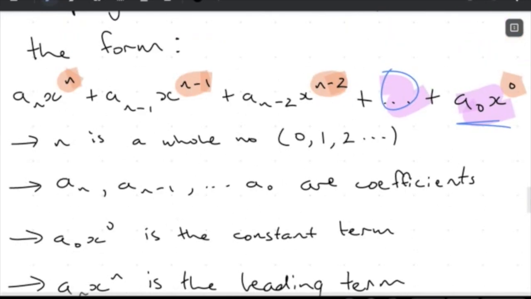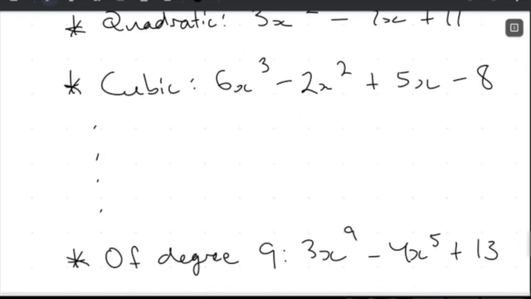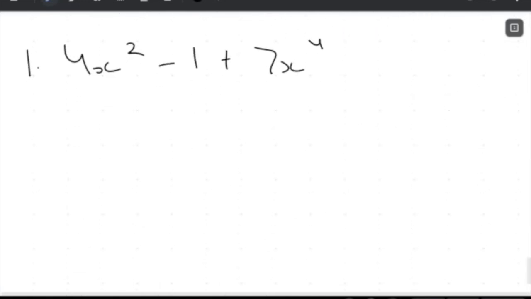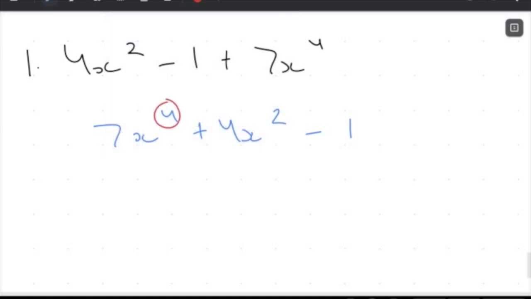Because remember, we said here that n is a whole number, 0, 1, 2, etc. So this thing, we can rearrange it so that the leading term is out the front, but we can pretty clearly see that all of these are whole numbers. And this can be 1 times x to the power of 0, so it just disappears. But they are still whole numbers. So therefore, we can say that this is a polynomial.